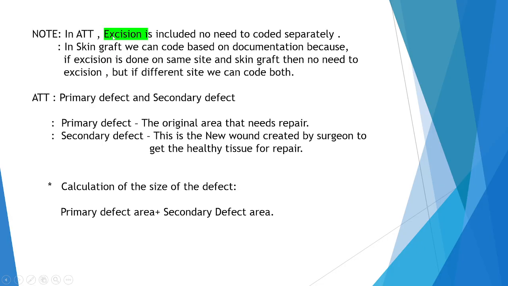There is already an excision included in this procedure. So while coding the ATT, we should not code the excision code separately along with the ATT, because it is already included. If we code that, then we will get a bundling issue. So we will not code the excision.